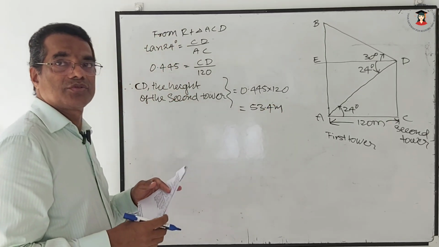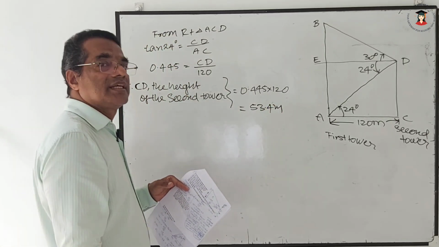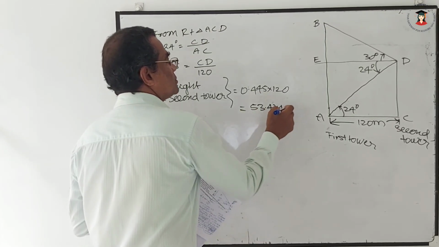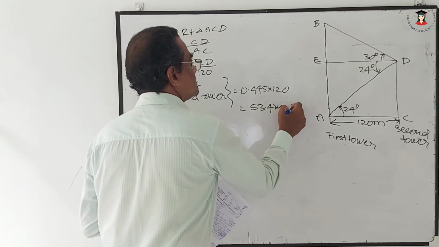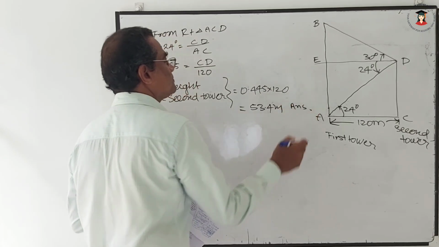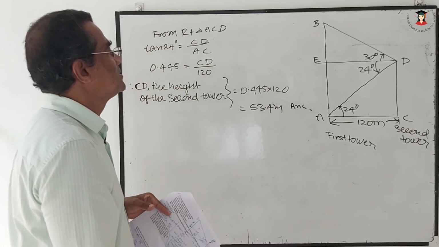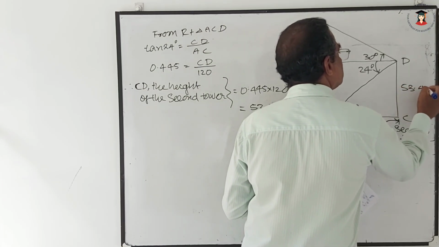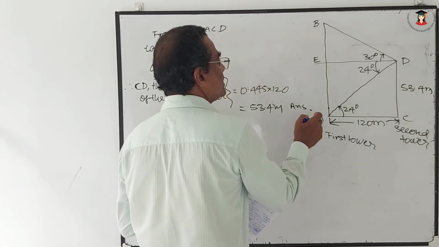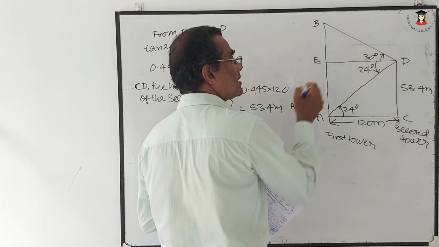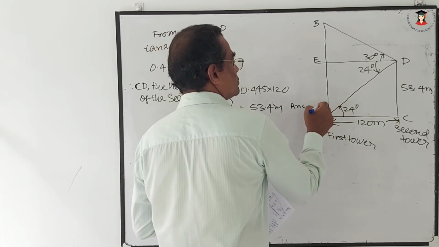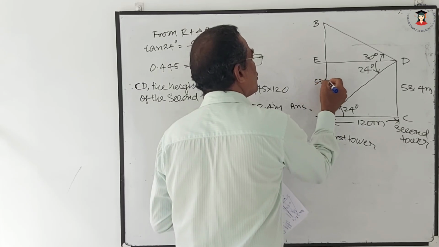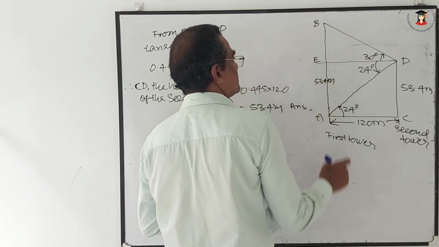And you are asked to give the answer in three significant figures. Here we have three significant figures. So this is the answer. This is one answer: 53.4 meter. See here, AE and BC are equal. So AE is again 53.4 meter.